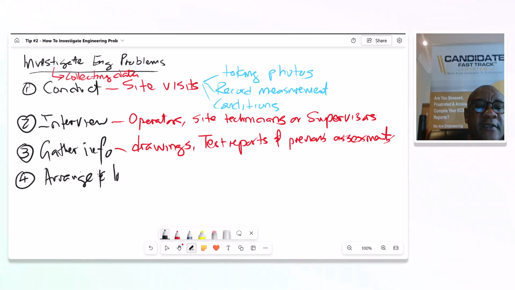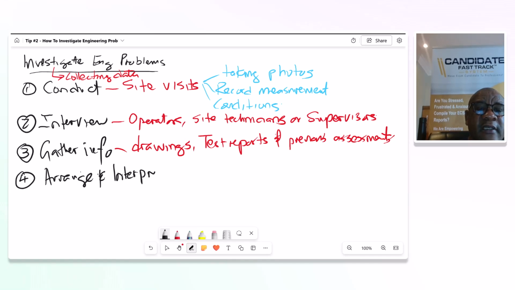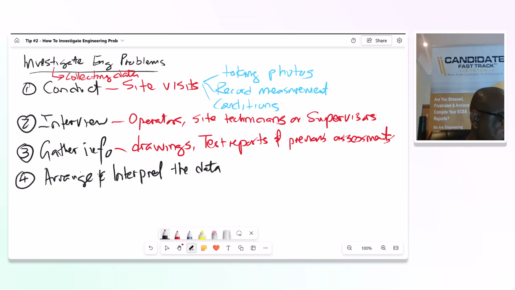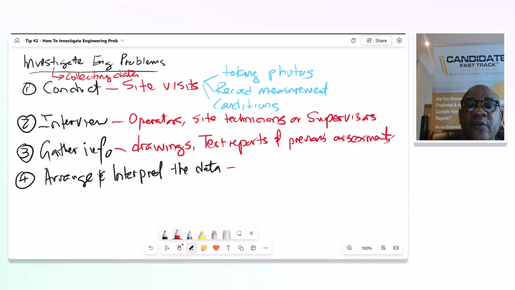Now the fourth thing that you need to do is arrange and interpret the data. This is very important. And why do you do this? Because you want to establish the root cause. During your explanation of how the investigation was carried out, this is the data you've collected.